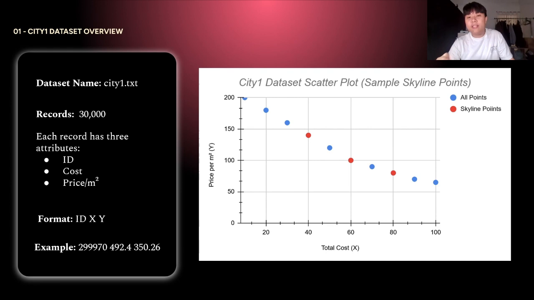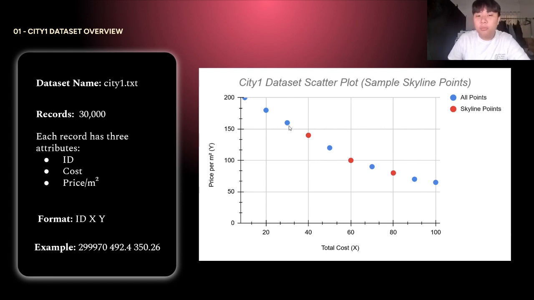The aim of this task is to get the lowest total unit cost and the lowest price per square meter cost. As you can see, the scatter plot shows a downward trend since we're looking for the lower cost. This is just a simple overview of how the dataset works.